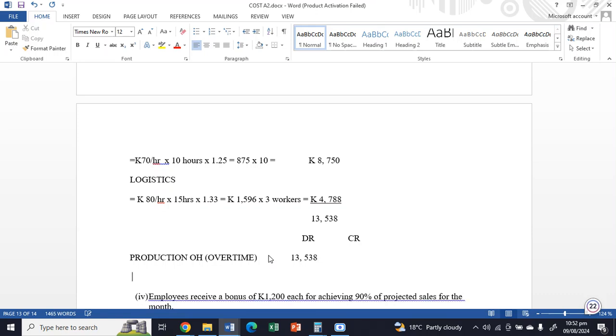We credit the wages control account. Since we haven't paid our employees yet, we're owing them this money. So wages control account, 13,538.